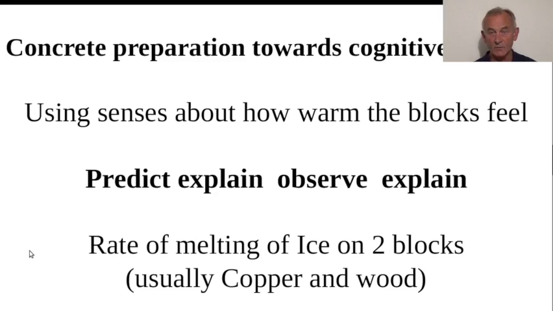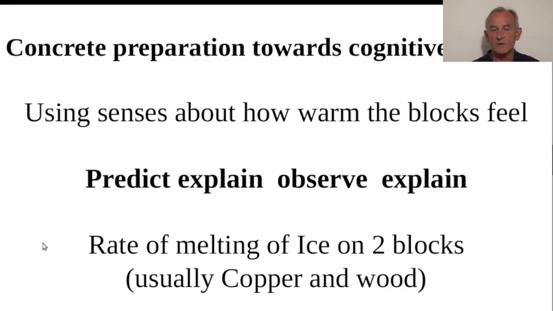And again, we give the individuals and the groups time to do some social construction, to discuss, to write their predictions onto the small whiteboards or note paper, whatever you're using. And then we actually give them a method.